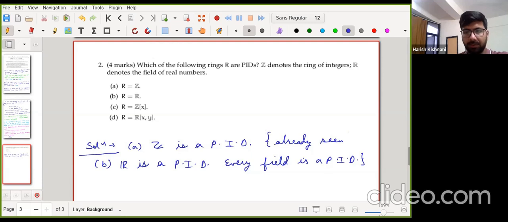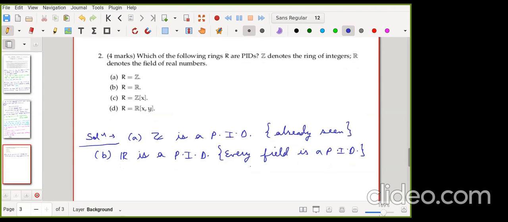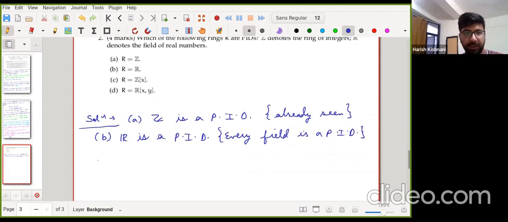So very good. This third one has already been discussed in the class, that Z[x] is not a PID, so that is discussed in lectures.